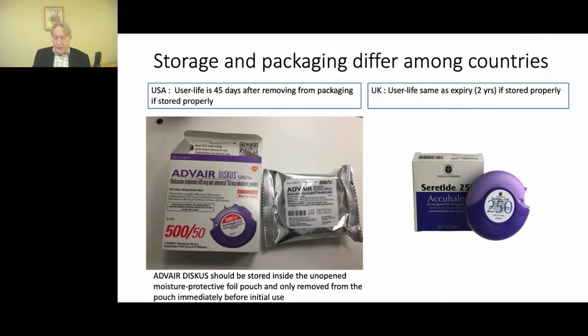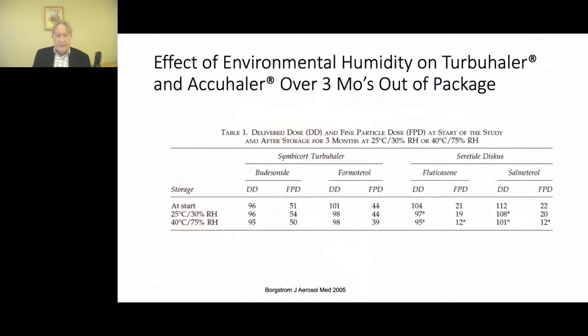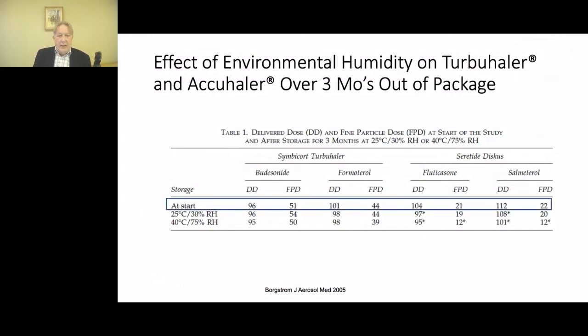So let's drill down a little bit more on this because I think it has implications for patient use. Here's a study done by a competitor published in 2005. This is comparing the Turbohaler to the Accuhaler, out of the box, so to speak, over 3 months at different humidities and different temperatures. They looked at the delivered dose as well as the fine particle dose.